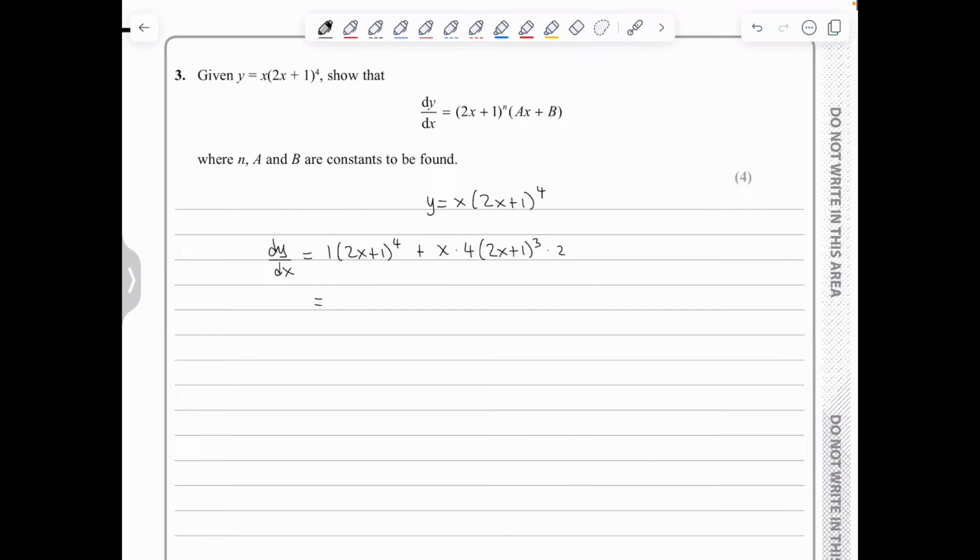Well, this is 2x plus 1 raised to the power of 4 plus 8x times 2x plus 1 raised to the power of 3. Notice that 2x plus 1 to the power of 3 is a common factor, so it can come out, and I'm left with 2x plus 1 plus 8x, leading to 2x plus 1 to the power of 3 times 10x plus 1.